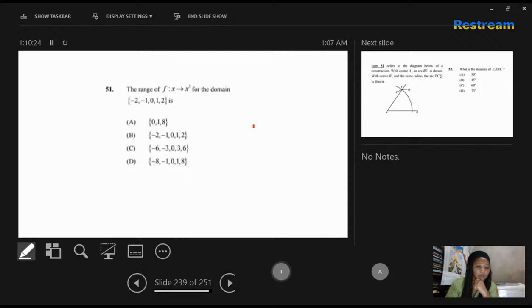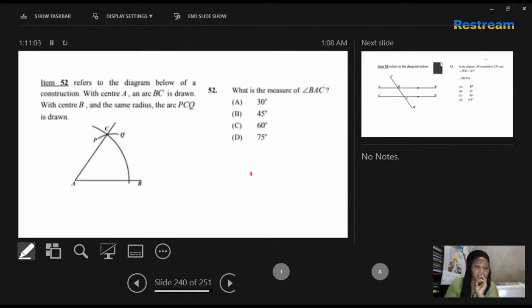Since we're cubing all the values: negative 2 cubed is negative 8, negative 1 cubed is negative 1, 0 cubed is 0, 1 cubed is 1, and 2 cubed is 8. So we're cubing each of these values to get the range. This is our domain, our x values, and we're cubing each of them. So this is what we get. Asar?